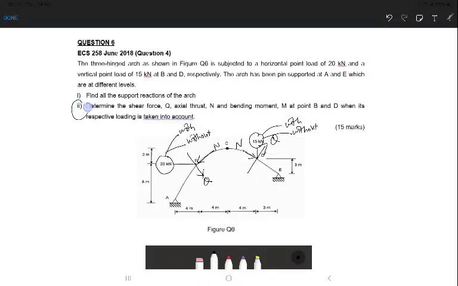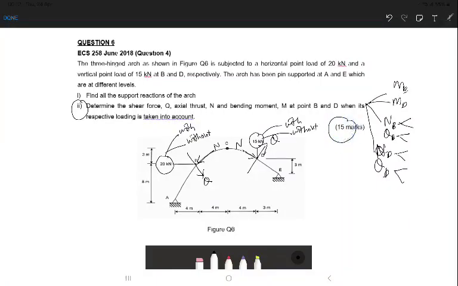So in this equation you have to find moment at B, moment at D, N and Q for B, QB, and D, QD for both with and without load. Right. So all this one is 15 marks.